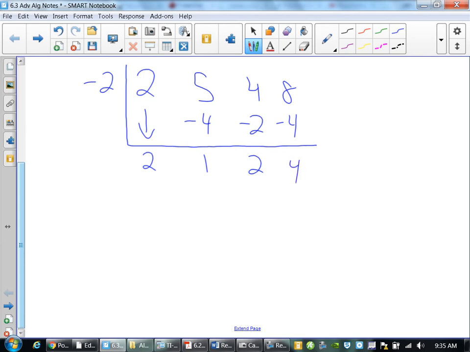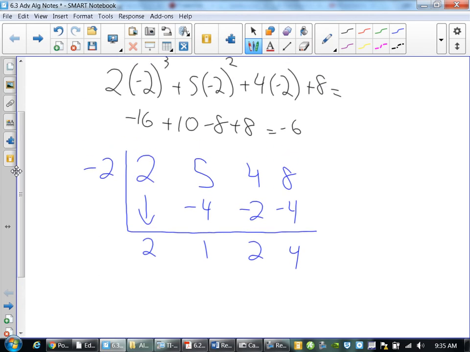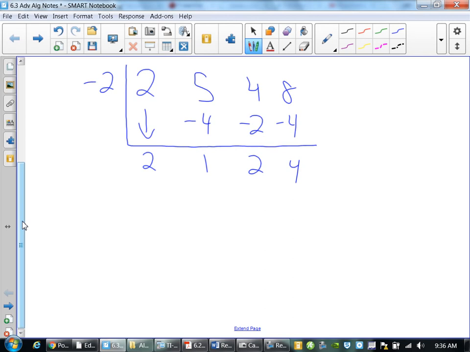I must have screwed something up with the other part here. Oh yeah, that should have been 4, because 4 times 5 is 20. So this should have been +4. That's why you were looking at me crazy. So my last value here is what it equals when I substitute in.